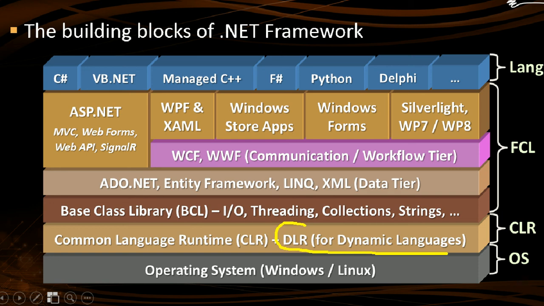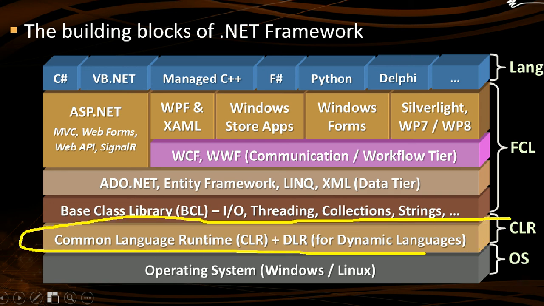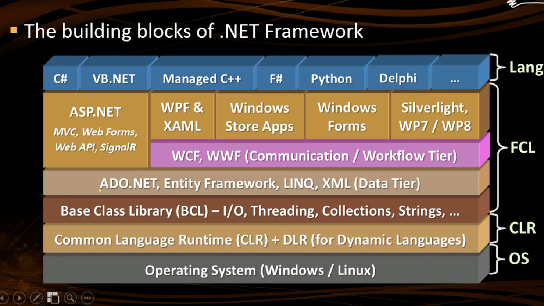DLR runs dynamic languages like Python. This is in the .NET Framework. There are lots of libraries that support many things. For example, if you write .NET web applications, you use ASP.NET classes. These are, for example, 55 DLL files, which comprise the ASP.NET framework for web applications.